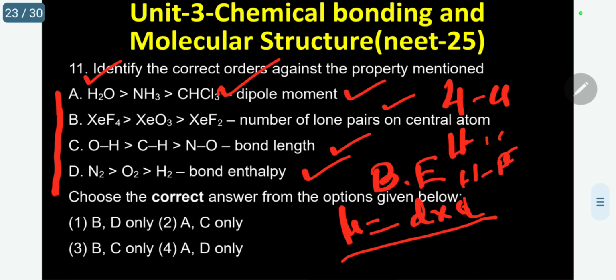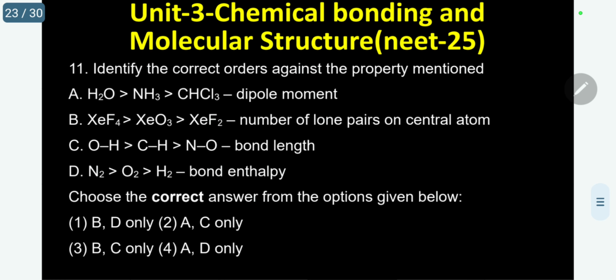Then coming to B: XeF4, XeO3, XeF2, number of lone pairs. Now this we have to work out. Kindly follow. Xe we have, let me explain now. The configuration is 5s2 5p6.